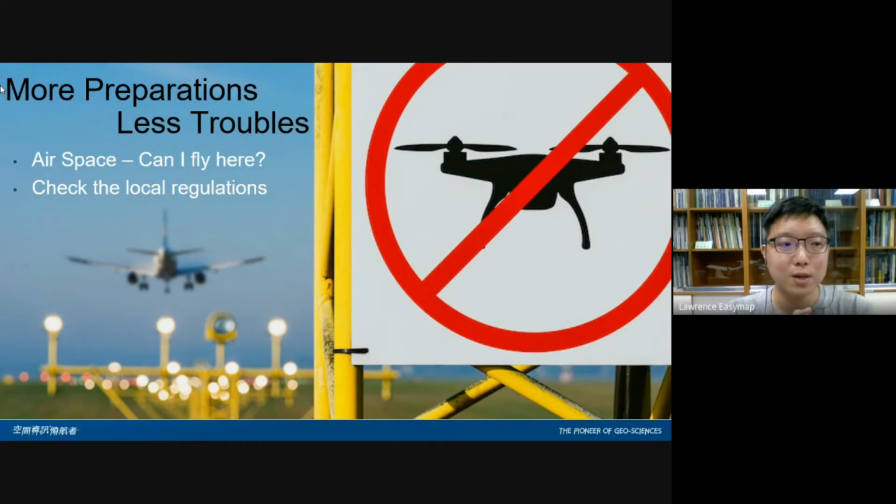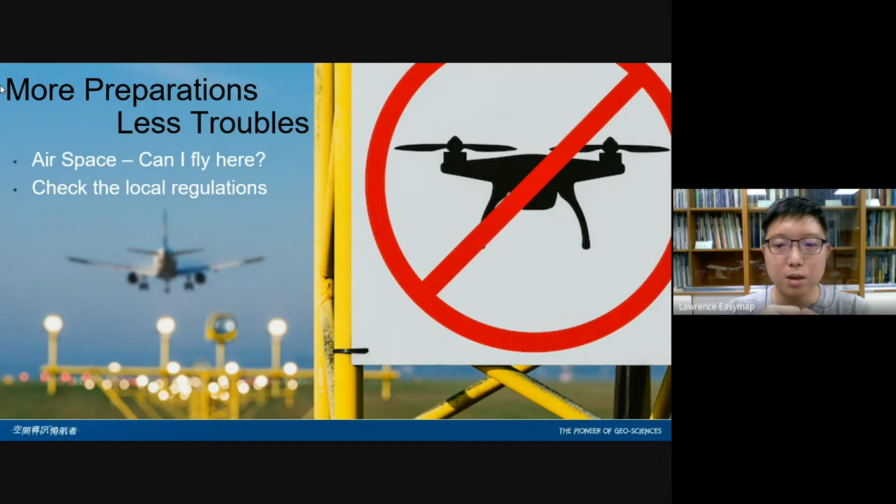First of all, I would like to mention the airspace. It is very important, and particularly a very big issue in recent years. When you want to fly in an area, can you really fly over there?